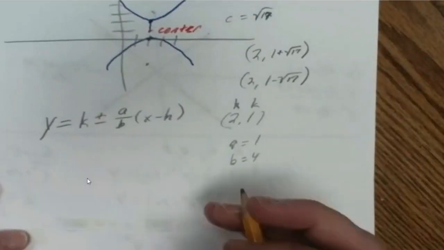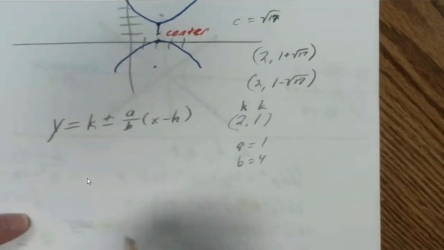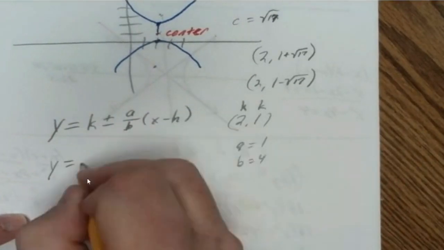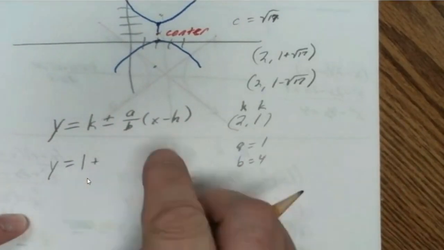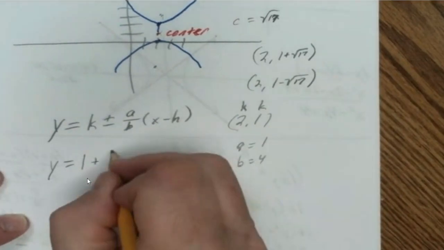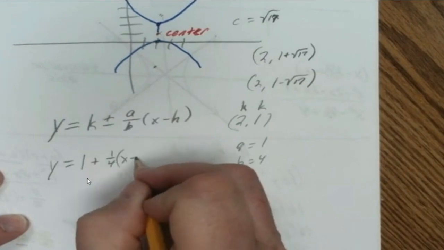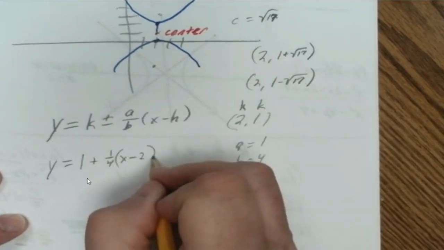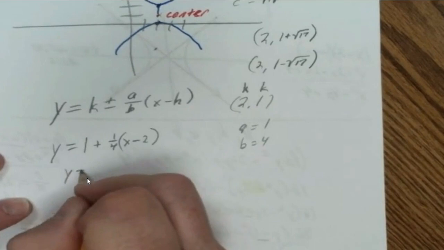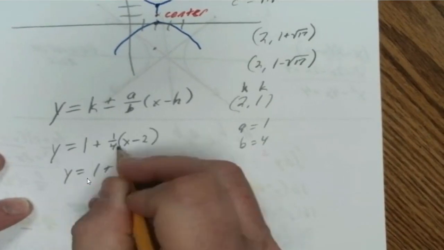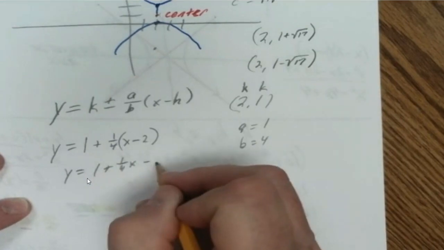So using this equation, we have one asymptote at y equals k, which is 1, plus a over b, 1/4, times x minus 2, which we can simplify. Y equals 1 plus 1/4 x, and 1/4 times negative 2 is minus 0.5.